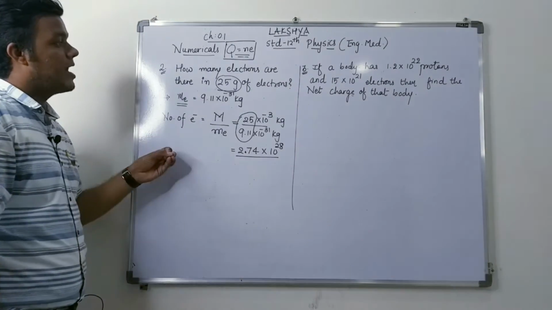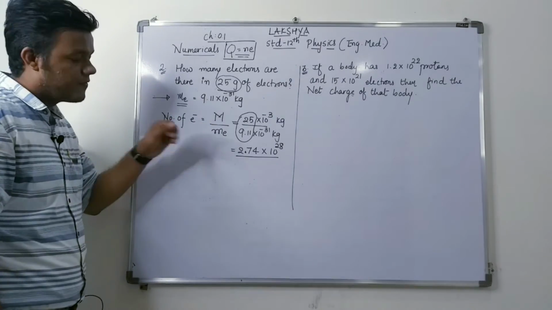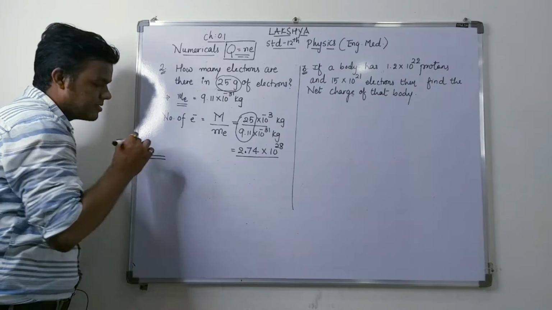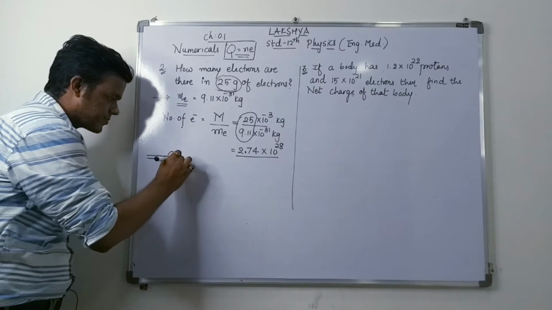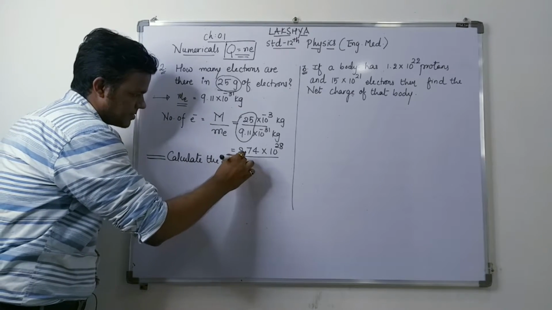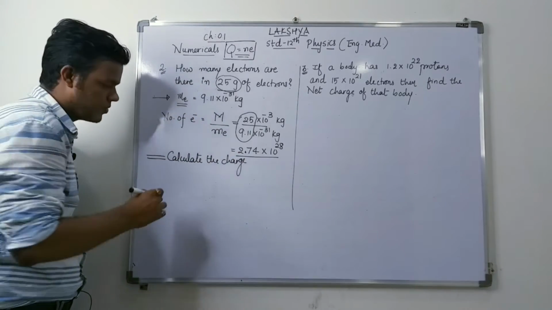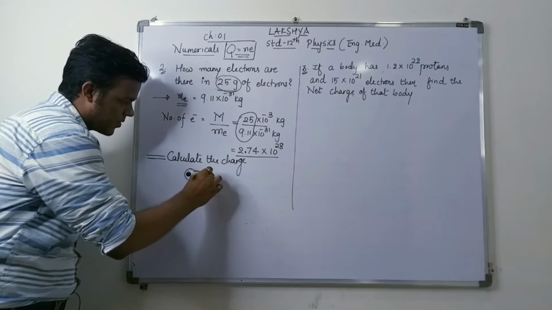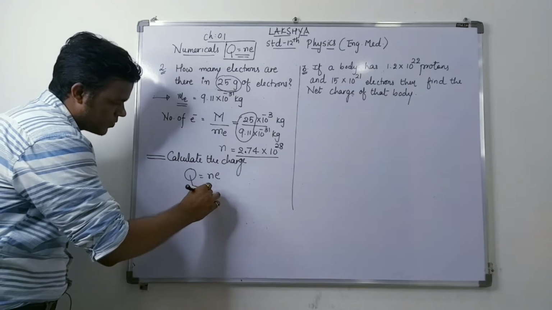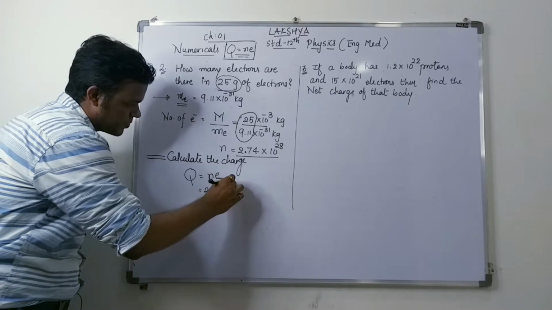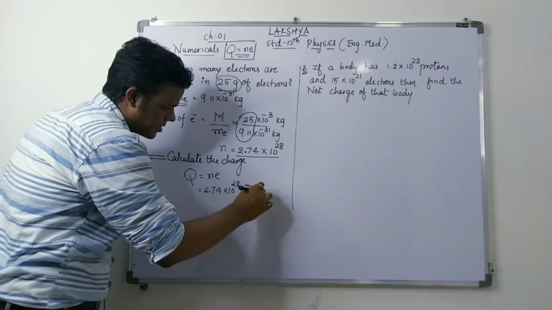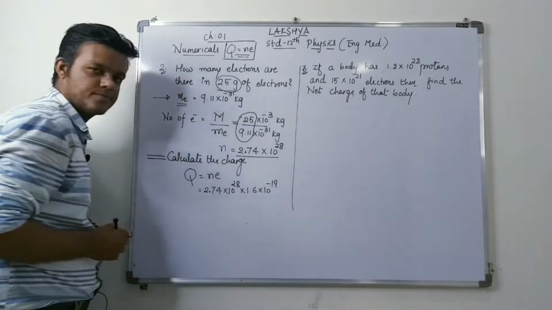Now I wanted to calculate the number of electrons, and I found that. But if they have asked to calculate the charge, then what will we do? We will simply use the formula Q equals Ne. We have N now, so N equals 2.74 into 10 raised to 28, into e equals 1.6 into 10 raised to minus 19.